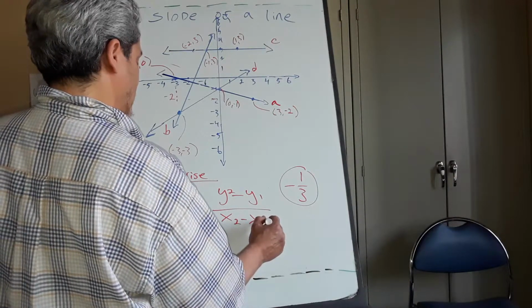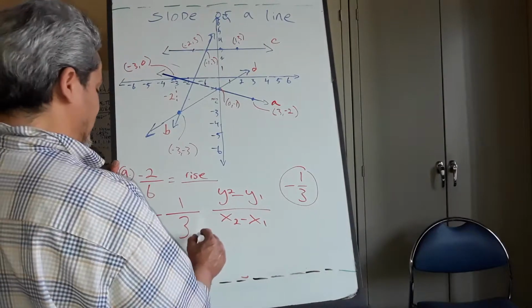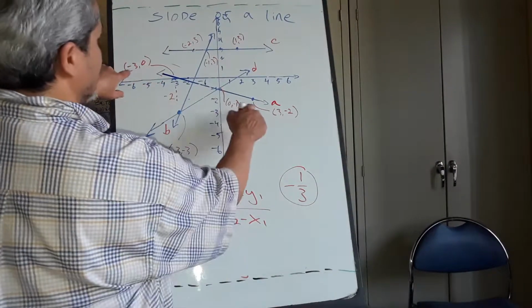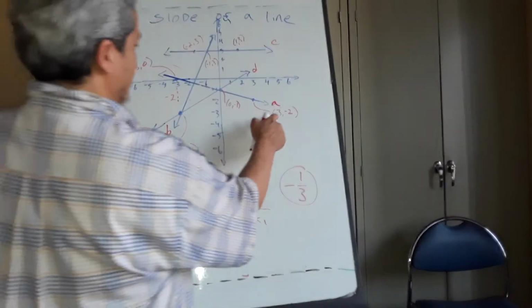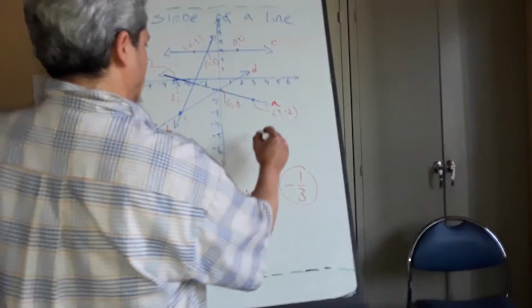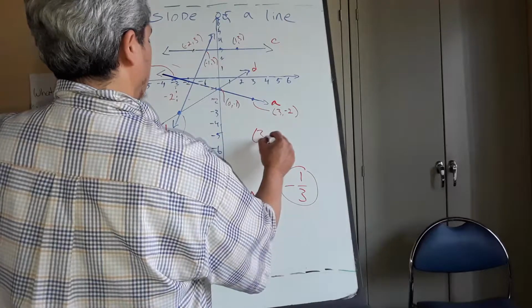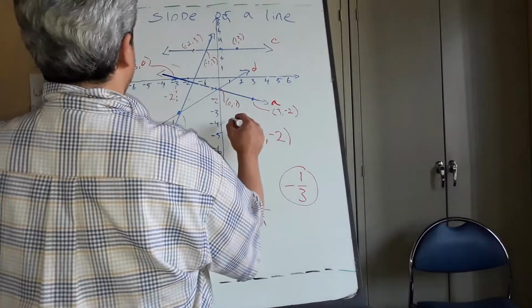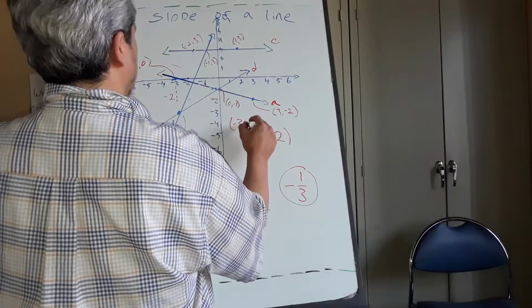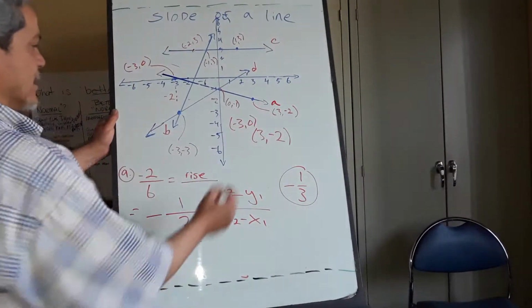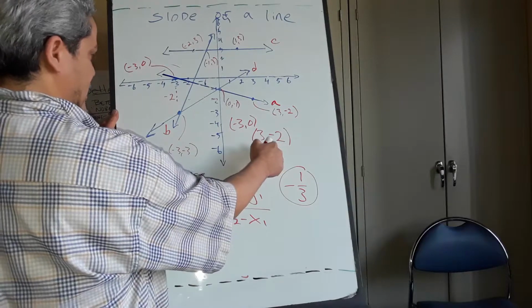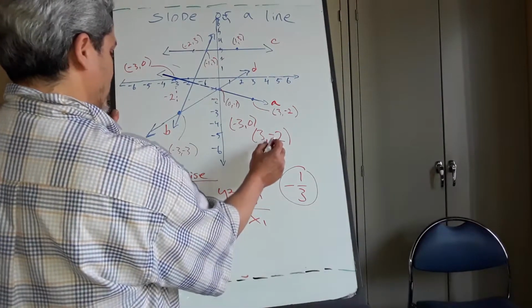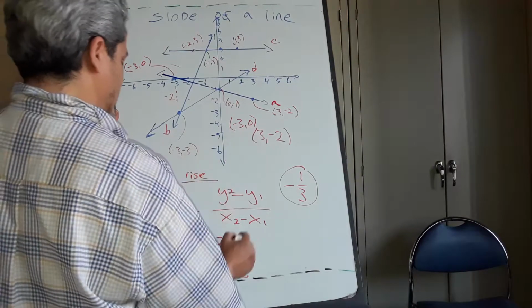By using the formula, you would use 2 points. Here are the 2 points right here. I'll put them right here: 3, -2, and then -3 and 0. So we have the second y, which is -2, minus the first y, which is 0.